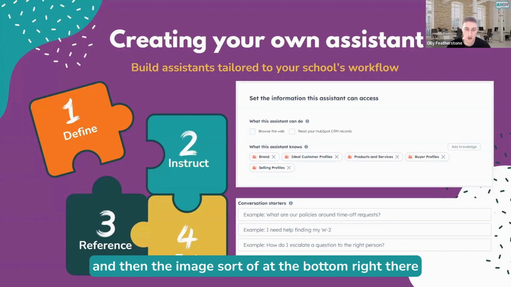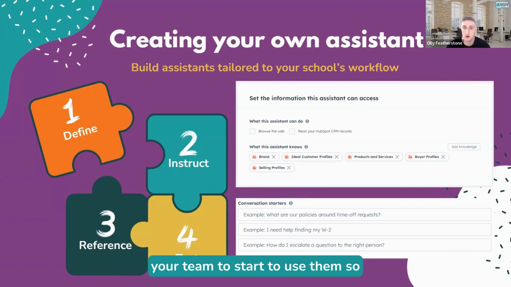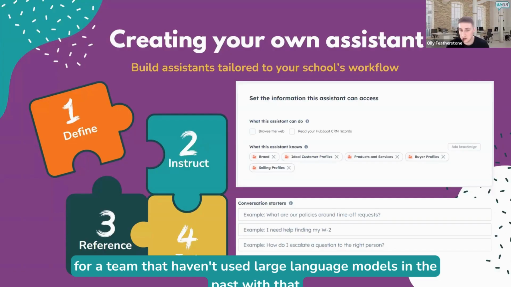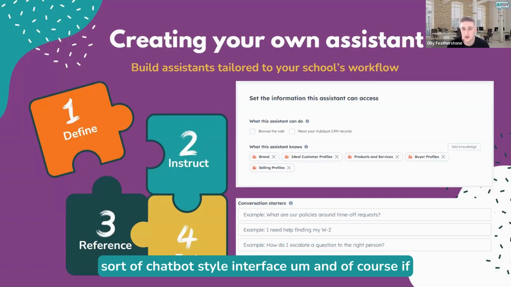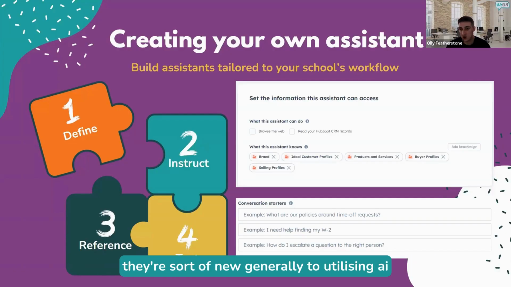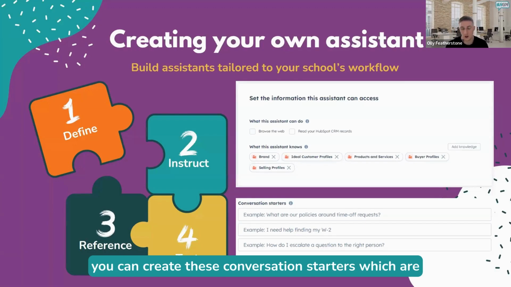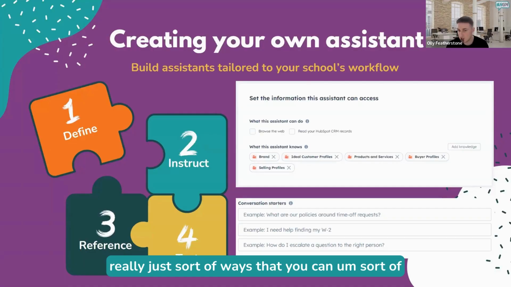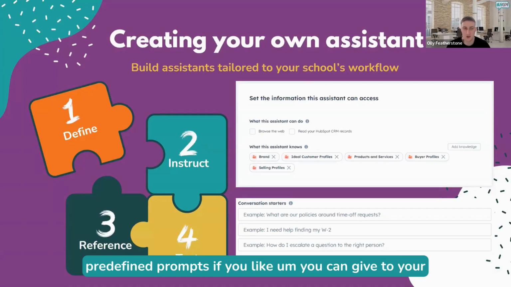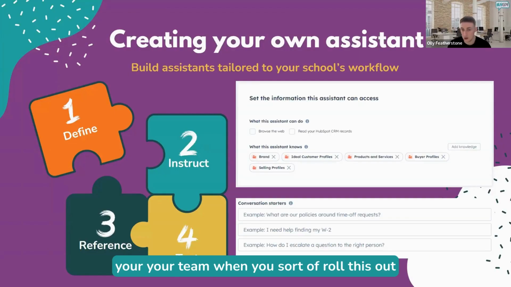And then the image at the bottom right there, you can also create conversation starters for your team to start to use them. So for a team that haven't used large language models in the past, or that chatbot style interface, and of course, if they're new generally to utilizing AI, you can create these conversation starters, which are really just ways that you can predefine prompts, if you like, that you can give to your team when you roll this out, so they have a bit of a starting point.